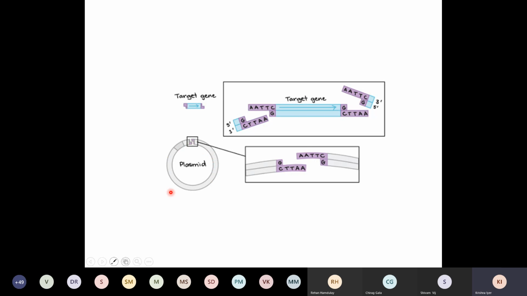And let us say I take a plasmid and I cut it with the same restriction enzyme, which recognizes the same sequence. This plasmid will open up, and the opened up plasmid will look somewhat like this.